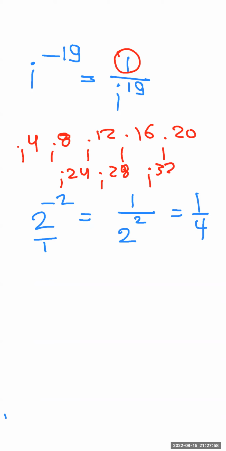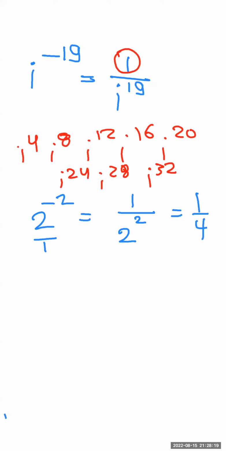I mean the powers here are the multiples of 4, because if we divide this power by 4, the remainder in all cases will equal 0. So the number will equal 1, correct? So this means 1 equals i to the power 4, i to the power 8, power 12, power 16, and so on.